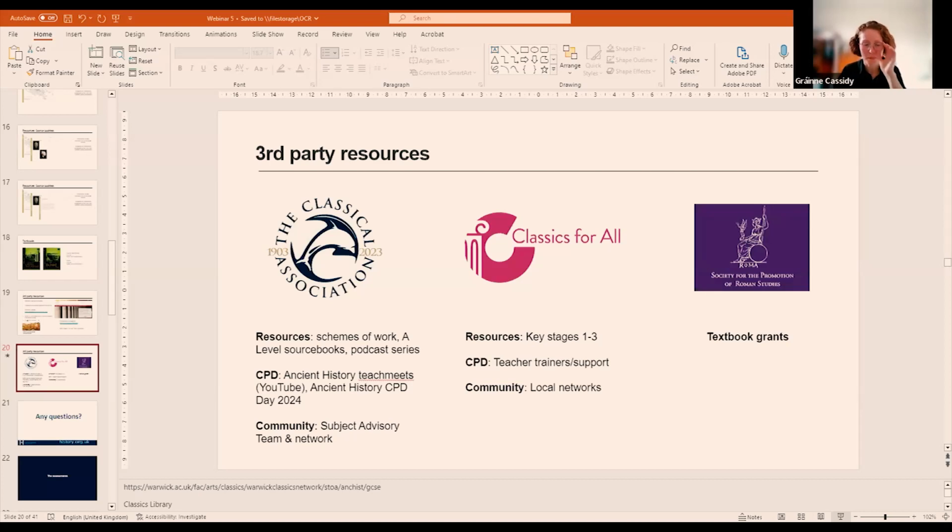Steve. I was just going to say, primarily there you can see the Classical Association and Classics for All, but also for the first time this year, Gronya and I presented a session at the Historical Association conference in Harrogate. I don't want to preempt anything, Gronya, but I think this is now going to be a regular thing.